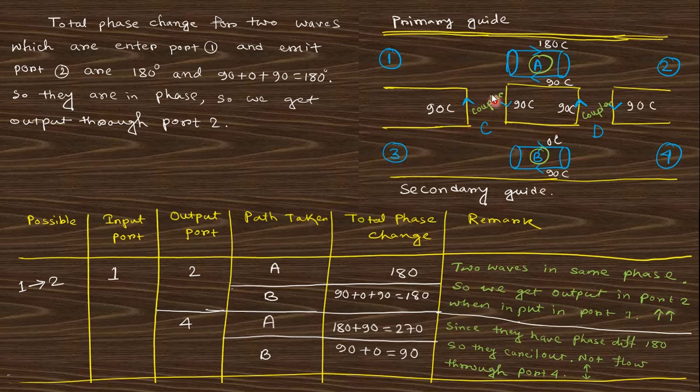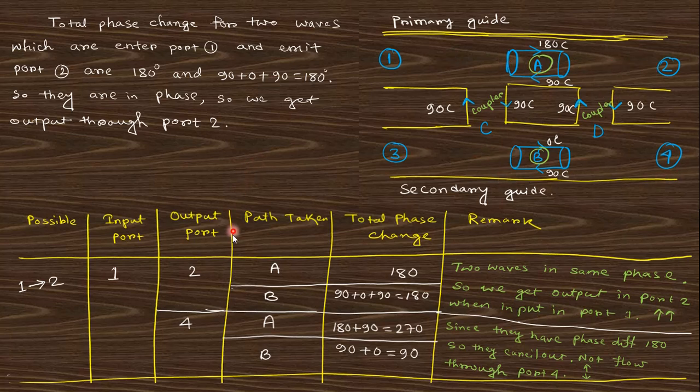This is a two-hole directional coupler. Since this is a two-hole directional coupler, the length is adjusted such that this wave and this wave cancel out each other in phase, so there is no output at 3 when the input is 1. So there is a possibility the output will be from 2 and from 4.